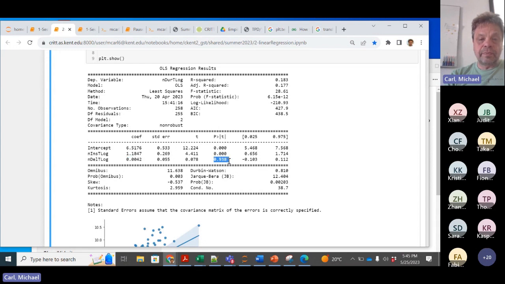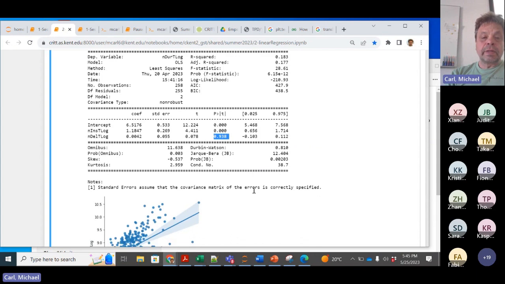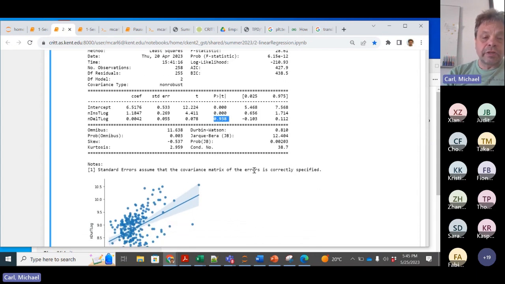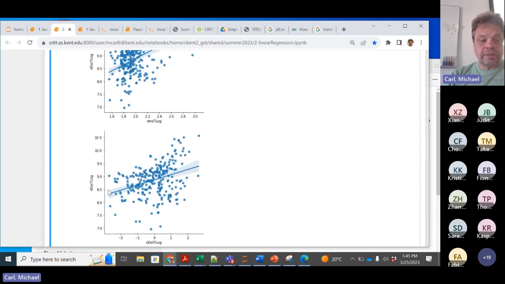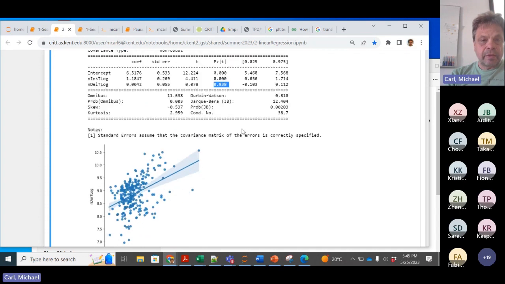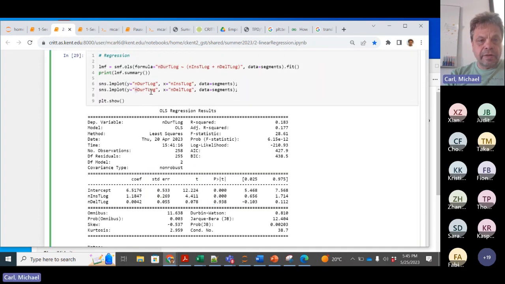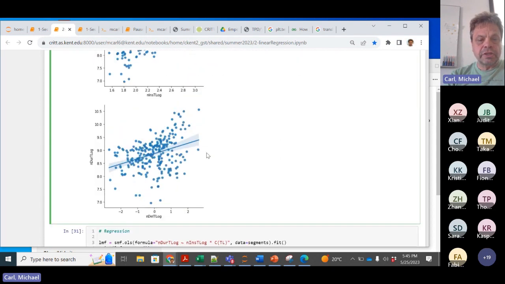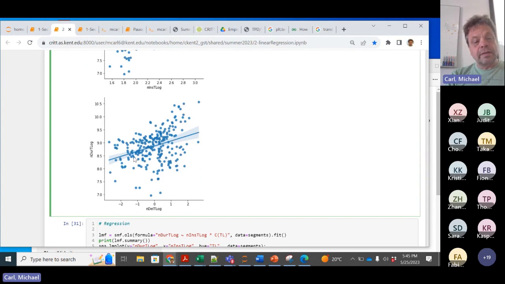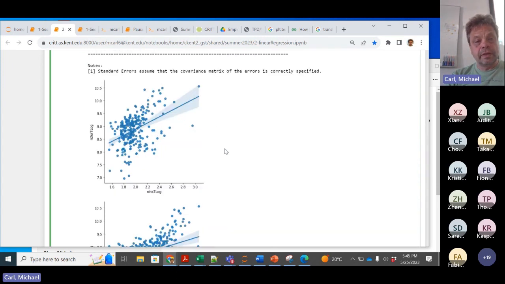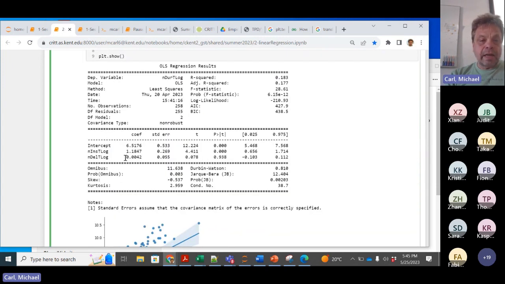The p-value here is quite high, which means that we cannot reject. So this corresponds to this graph here and this graph here. This is the impact of deletions on the duration. And even though it looks like there's a slight slope here, this analysis tells us, no, we cannot reject this null hypothesis.